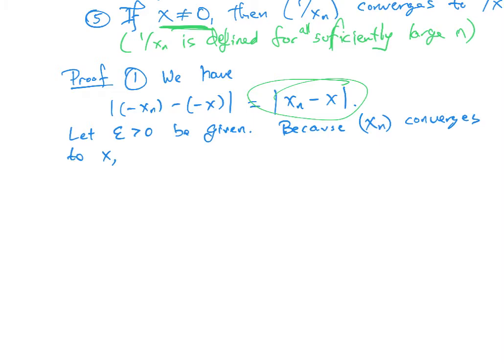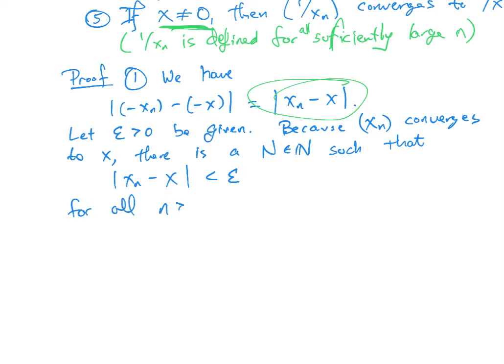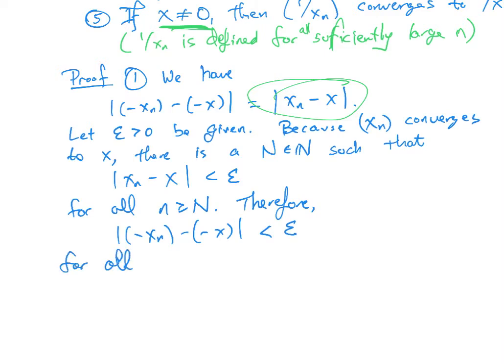By definition, that means that we've got our capital N. So there is a capital N in the natural numbers such that the absolute value of xn minus x is less than epsilon for all n at least capital N. Therefore, the quantity we care about is also less than epsilon for all little n greater than or equal to capital N.